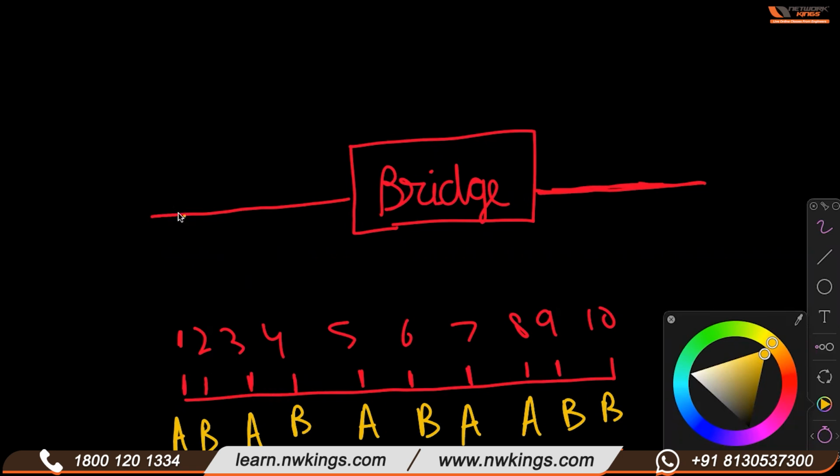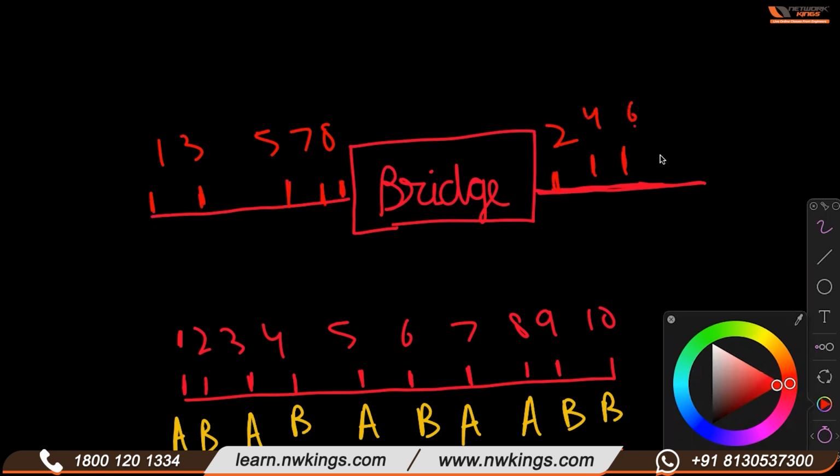In order to reduce the collisions, they are going to segregate the departments through a bridge. So 1, 3, 5, 7, 8 on one side, and then 2, 4, 6, 9, and 10 on the other side of the bridge.